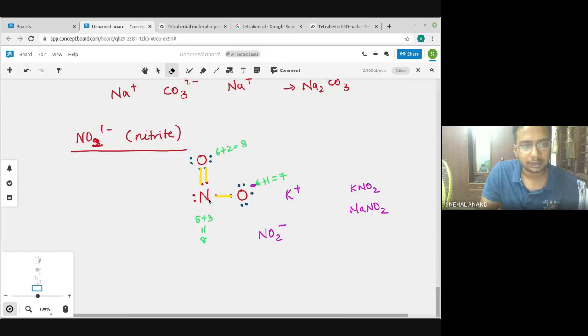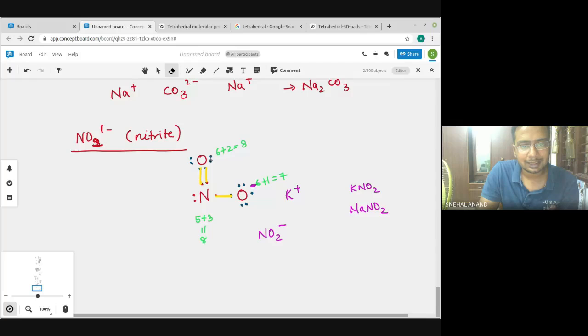This nitrite. So, see, I'm just saying nitrogen has 5 electrons, 1, 2, 3, 4, 5 to start with. This oxygen has 6 electrons, 1, 2, 3, 4, 5, 6. This nitrogen shares 2 electrons with this oxygen. This way, this nitrogen gets another 2. So this is sharing 2 with this oxygen and 1 with this oxygen. So this nitrogen gets 3 more, which is a total of 8.